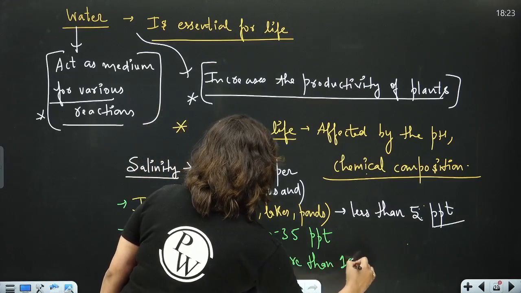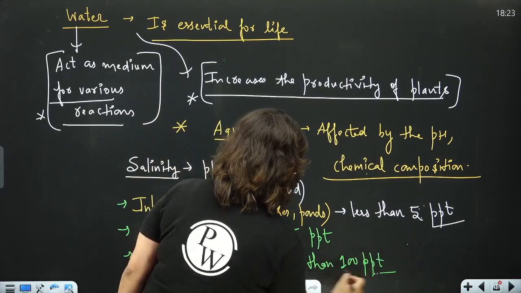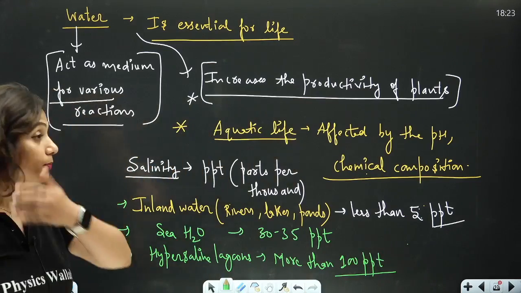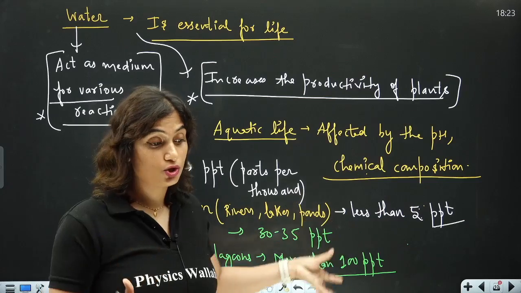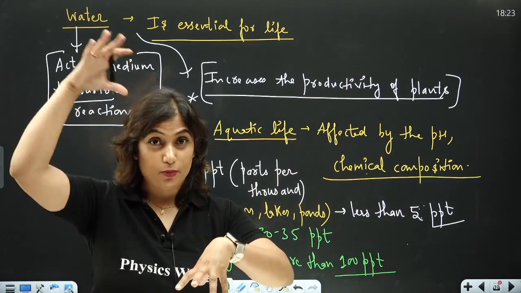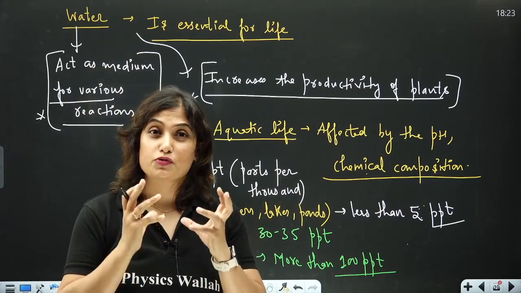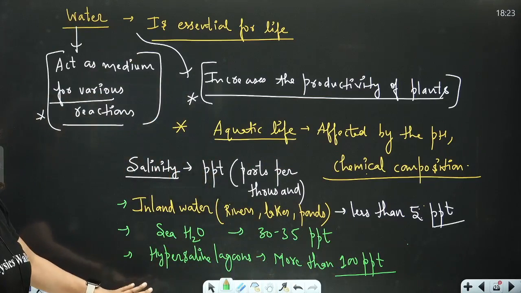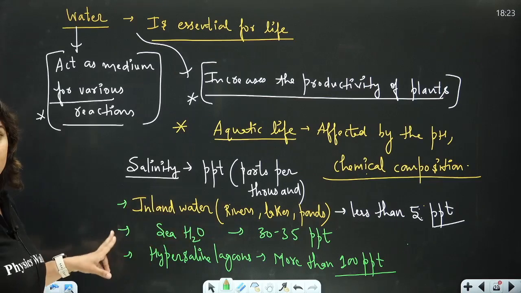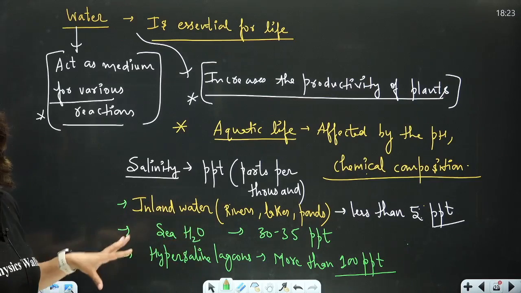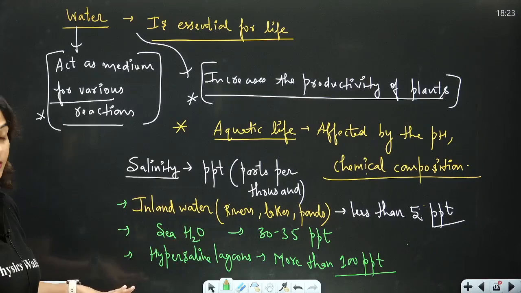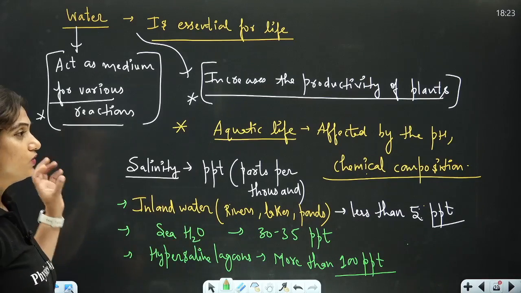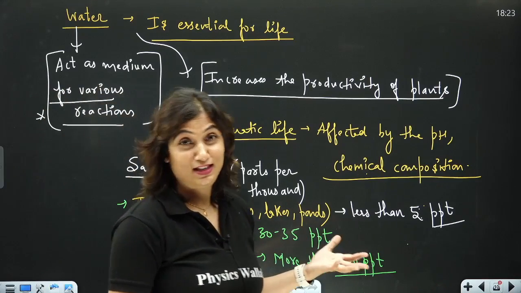Hypersaline lagoons are the kind of depressions in which the water comes and evaporates, and there is a high amount of salt in that water. So this is the data given in NCERT. It is important: inland water less than 5 ppt, seawater 30 to 35 ppt, and hypersaline lagoons more than 100 ppt. So this is how water affects the life.